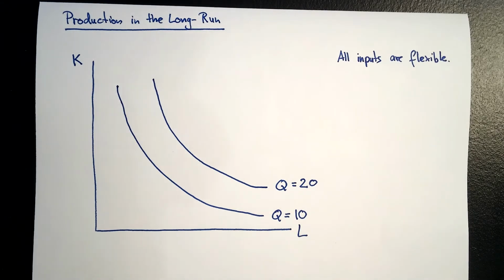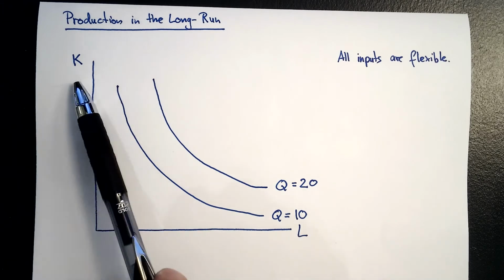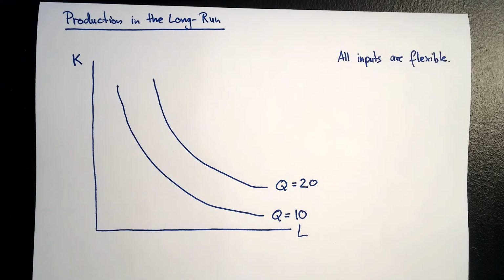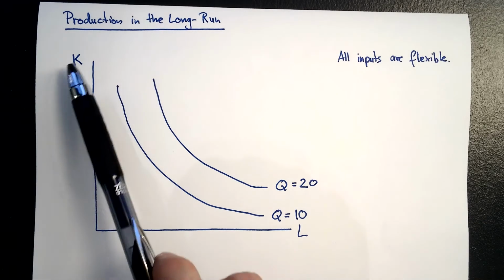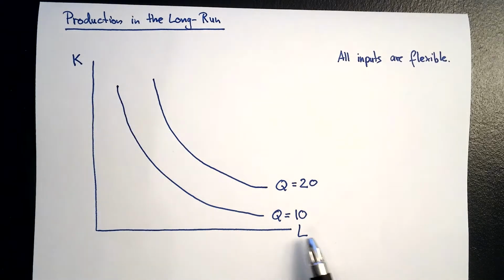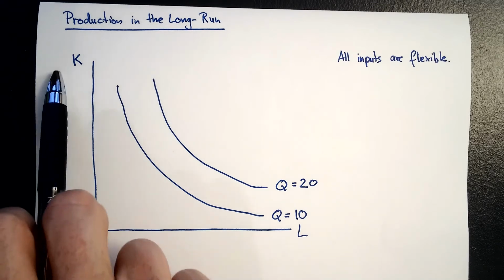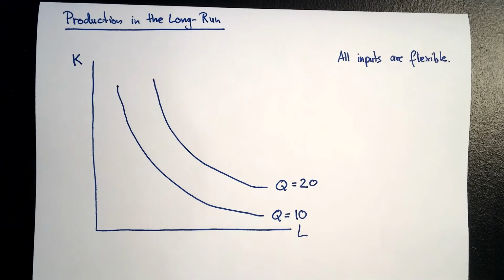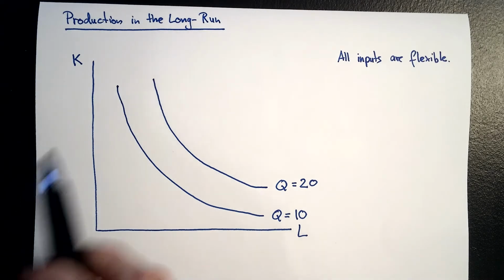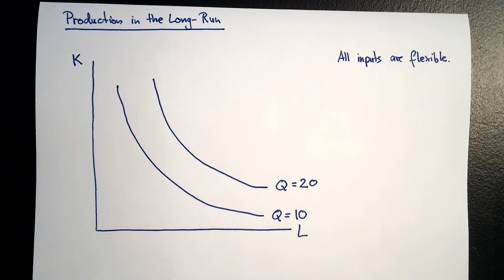As a side note, usually you have labor on the horizontal axis and capital on the vertical axis. Sometimes I get confused about which is which, so how I remember it is that there is a Dutch airline company called KLM, so K, L, and this is how I remember the order on the axes.